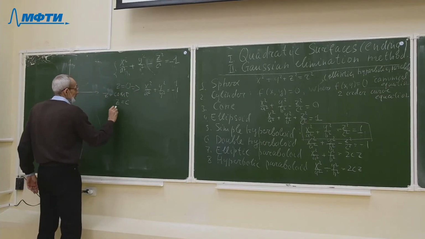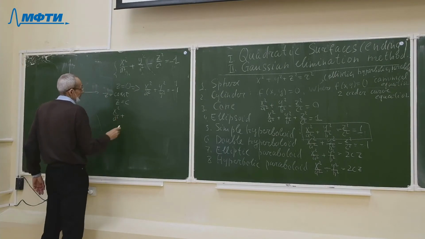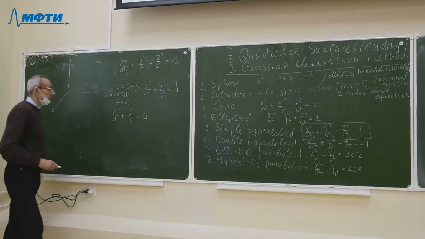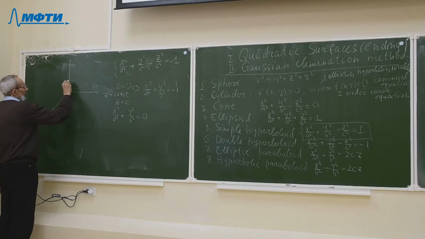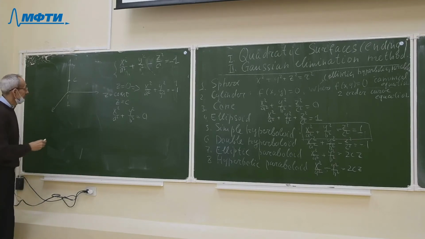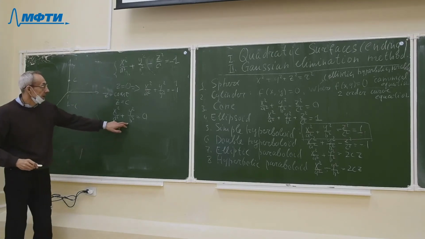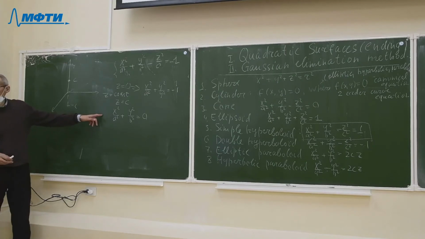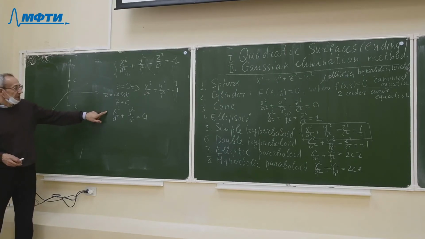And in this case, we obtain the equation x square divided by a square plus y square divided by b square is equal to 0, and we obtain a point. If z is c, we obtain a point. And by symmetry, if z is equal to minus c, we also obtain the same equation. This equation defines exactly a one-point set.